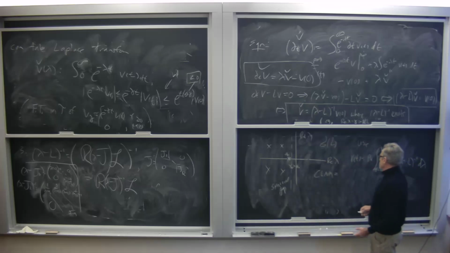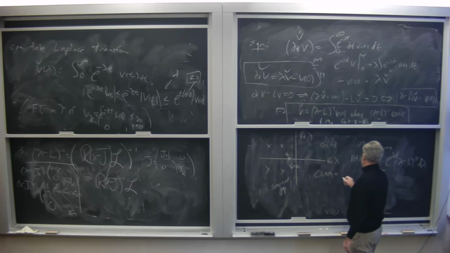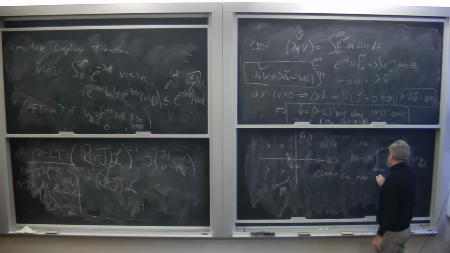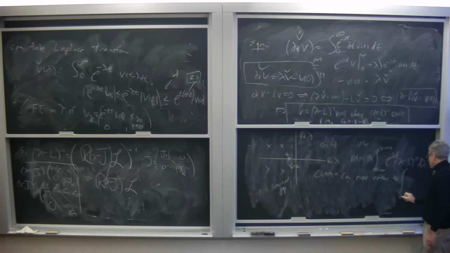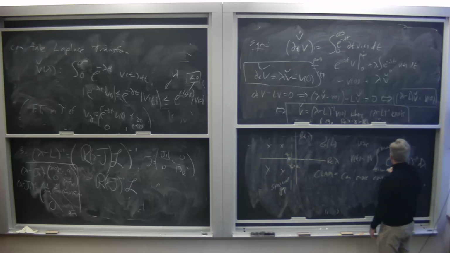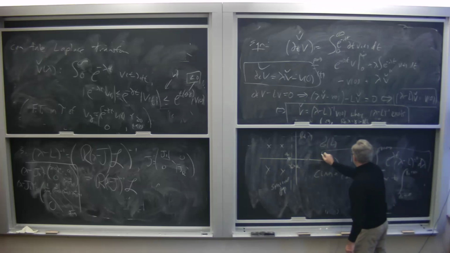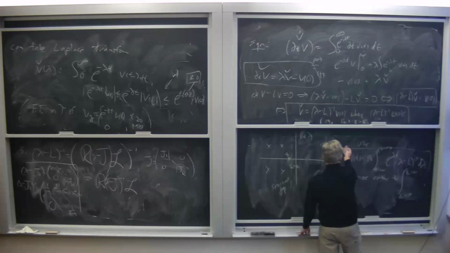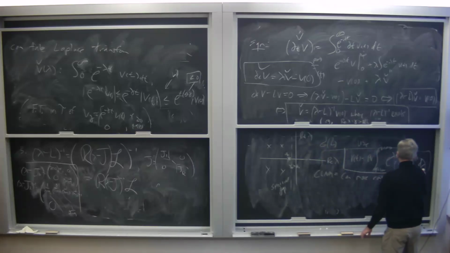I claim that we can move the contour to the integral from gamma star minus i infinity to gamma star plus i infinity, and still maintain our formula.